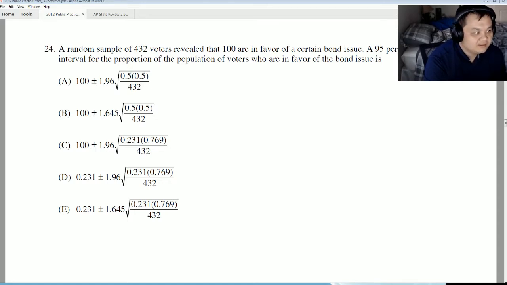We use the Z interval instead of T interval because it's about probability. No, what's the difference between D and E in terms of the answer? 1.96 and 1.645, right? 1.96 is from the Z table, and 1.645 is from the T table. It's normal though. Yes, but do you know when we use T or Z? Well, this is 432. That's large, so Z. T is only for small.